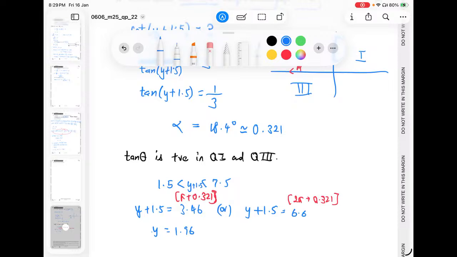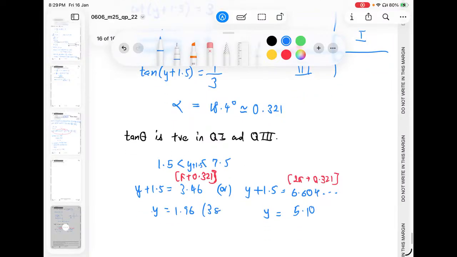That should give you 6.604. Okay, that's a terminating one, and then you need to just minus 1.5. You will get 5.10. So this is to 3 SF, and this is also 3 SF.